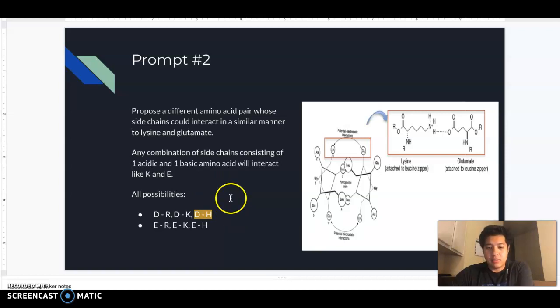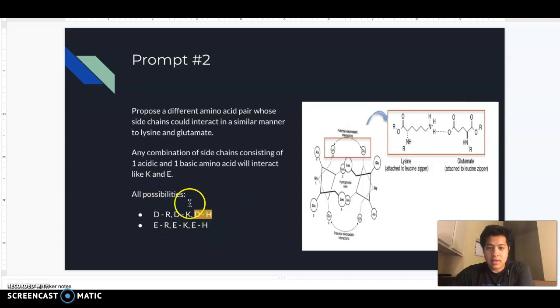The 2 acidic amino acids being aspartate and glutamate, D and E, and the 3 basic amino acids being arginine, lysine, and histidine, R, K, and H.